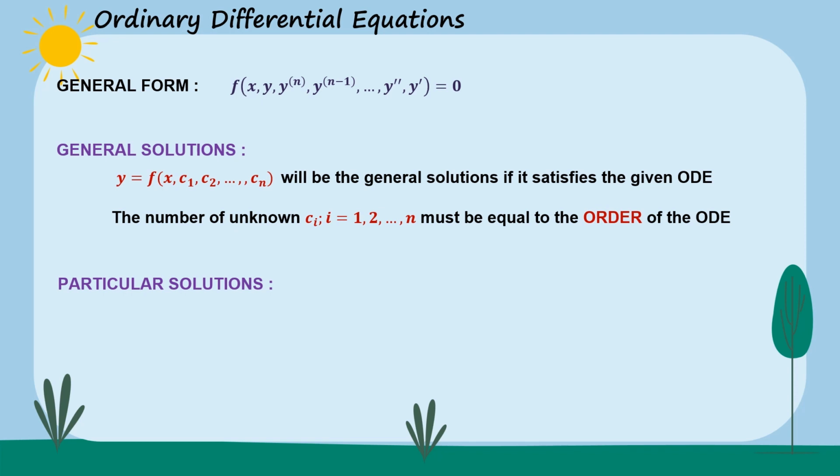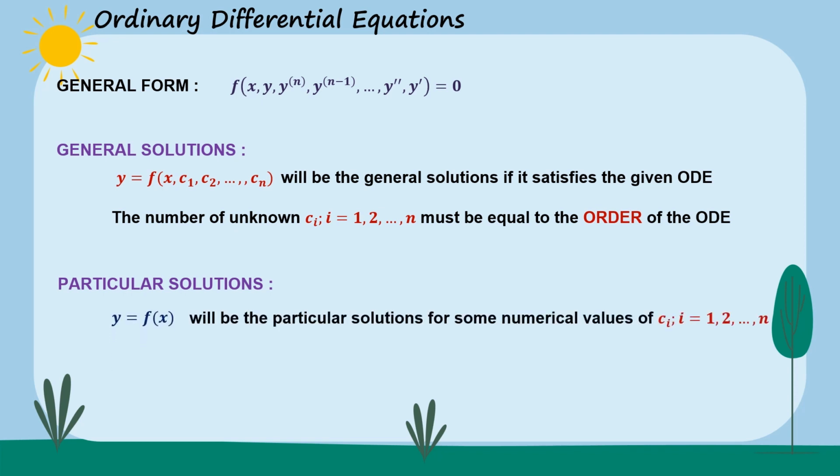But what is a particular solution? A particular solution says that any function in the form y = f(x) will be the particular solution if it satisfies the equation. So in a particular solution we should not have any unknown constant. But then how do we identify the constants?